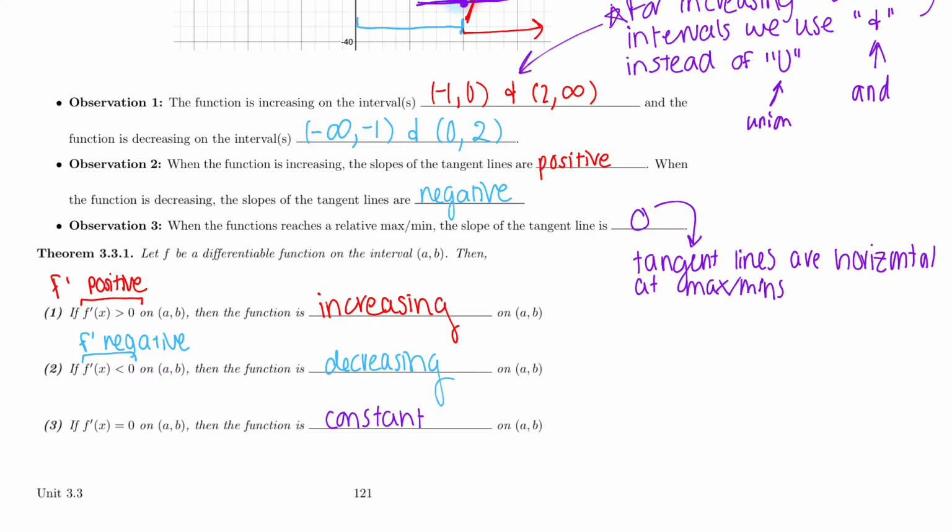So this is the kind of association I want you to be making. F prime positive, that means increasing. F prime negative, that means decreasing. F prime 0, this is either going to be constant if you're on an interval, or it's going to be the top or bottom of a hill, or it's going to be a flat point.